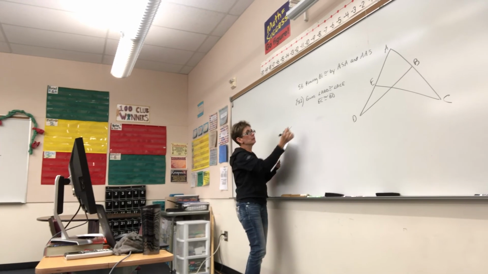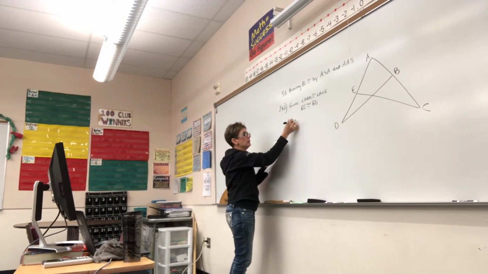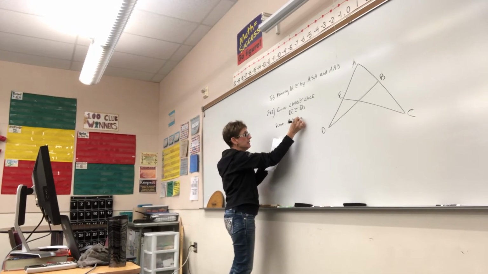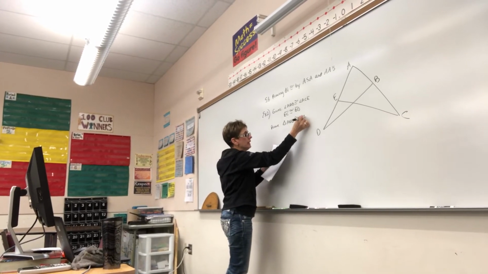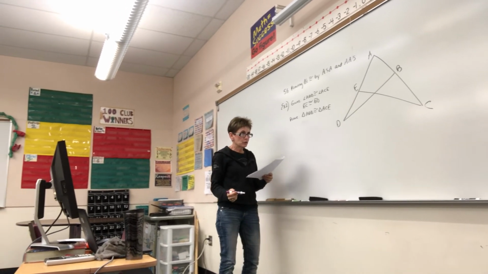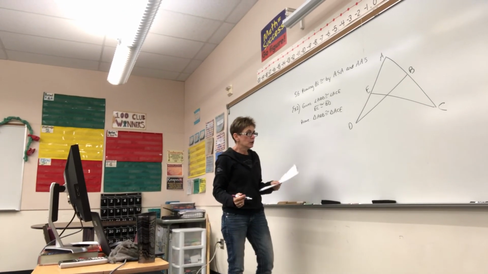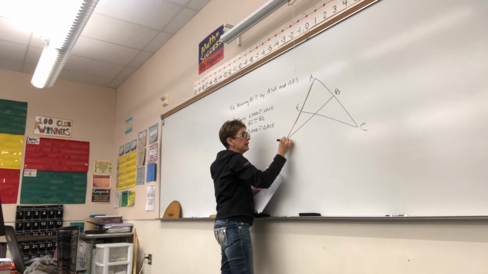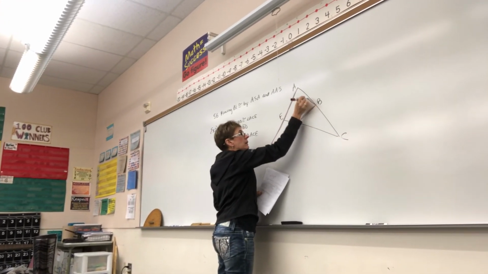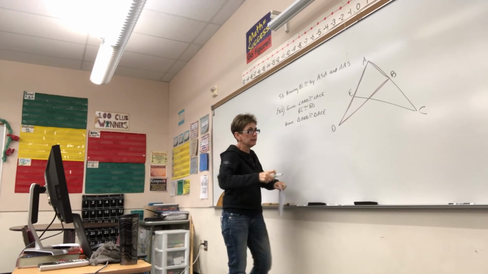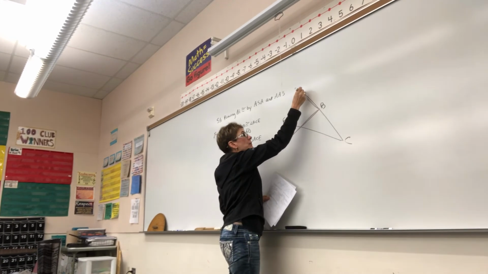And we are supposed to prove that triangle ADB is congruent to triangle ACE. Now I'm going to draw these two triangles out separately. Triangle ADB would be this purple triangle right here. And triangle ACE would be this green one right here.